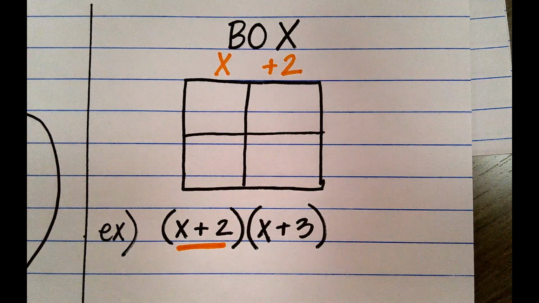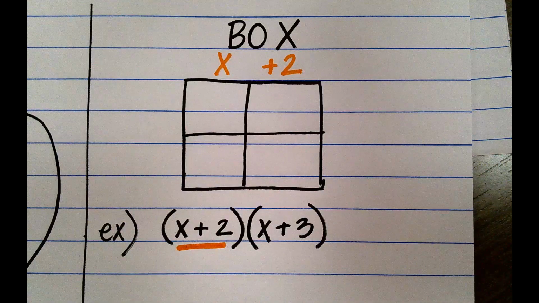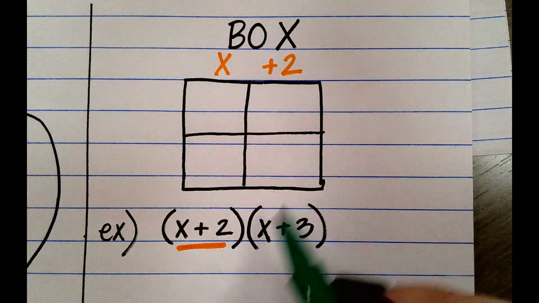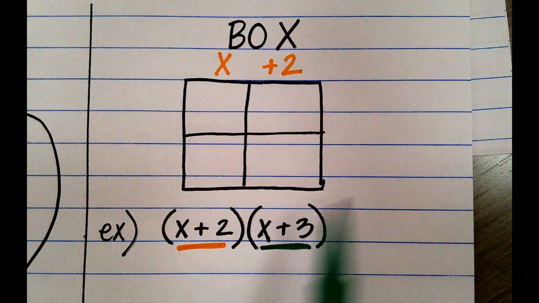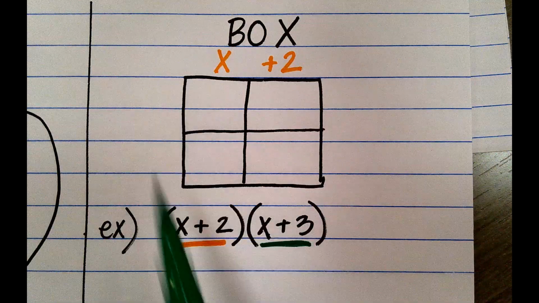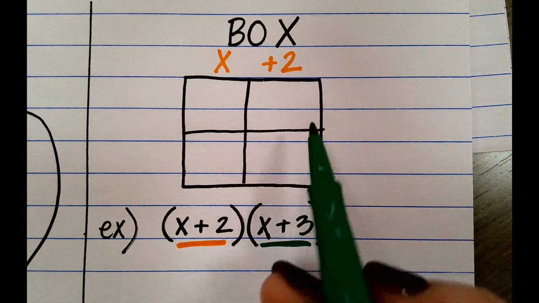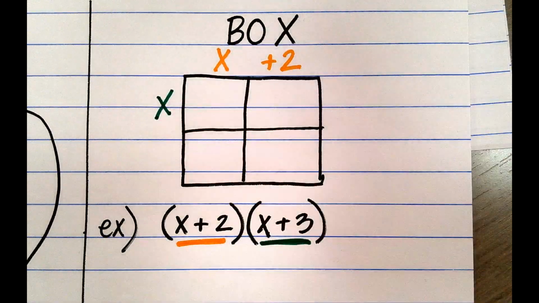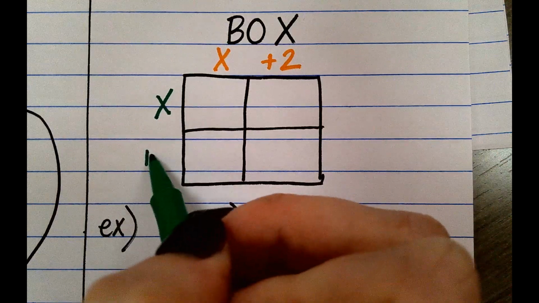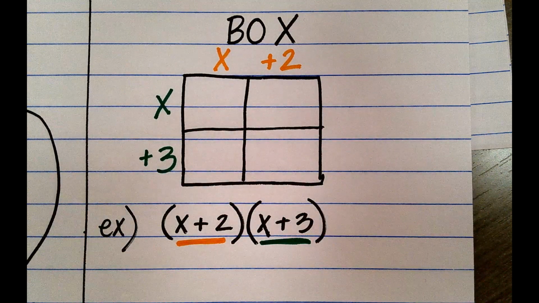The next thing we're going to do is take the second binomial, x plus 3. We're going to write it over to the side here. We're going to separate the terms. So x on that first box, plus 3 underneath, just like that. So now I have x plus 2 and x plus 3.